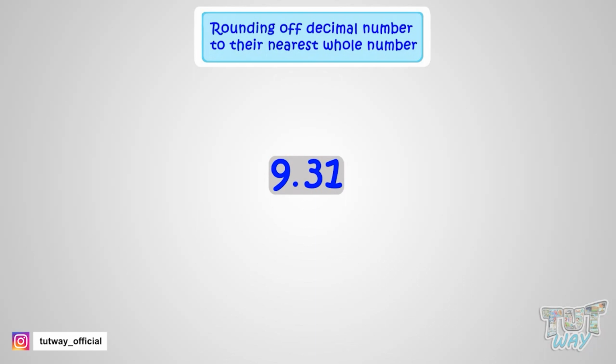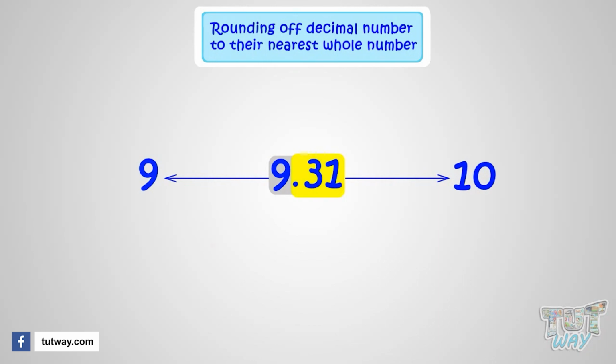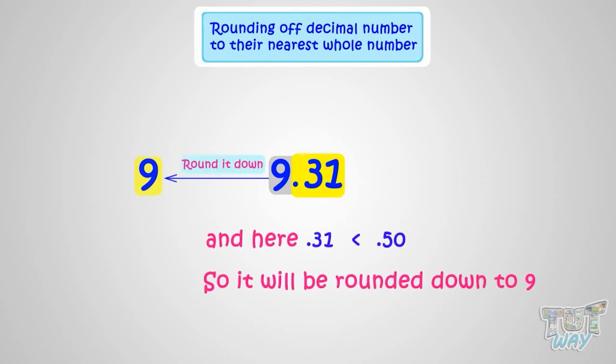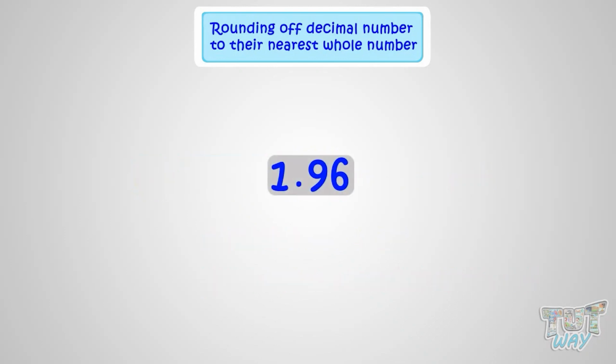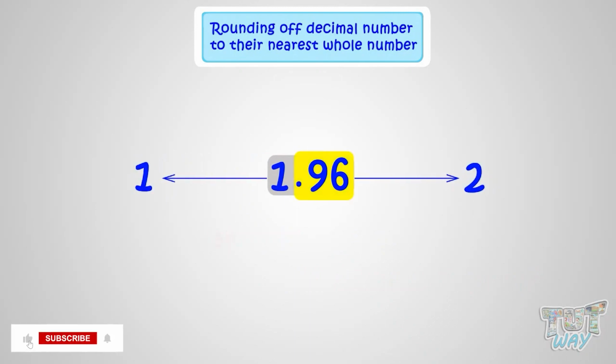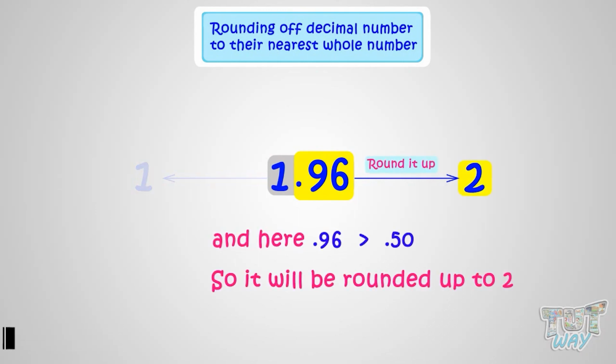It lies between 9 and 10. 0.31 is less than 0.50, so it will be rounded down to 9. 1.96. It lies between 1 and 2. 0.96 is bigger than 0.50, so it will be rounded up to 2.